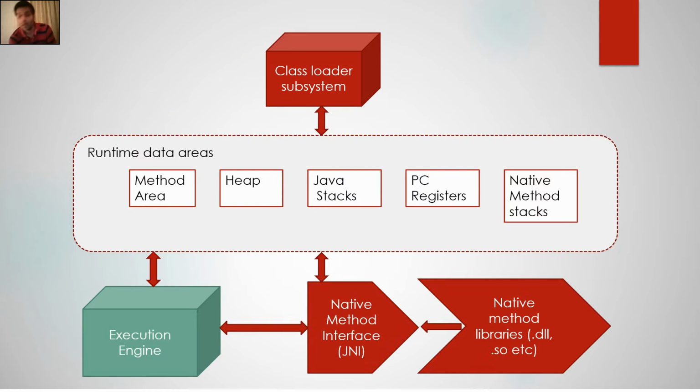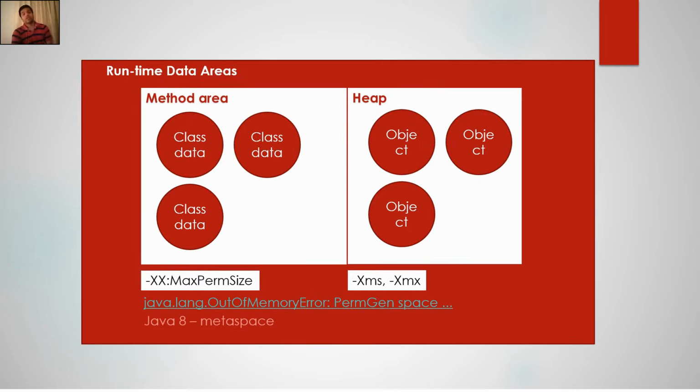So now we talked about the class loader subsystem and its phases. Now let's go to the runtime data areas, the memory of the Java virtual machine. The runtime data areas basically has 5 different areas that we defined in the previous diagram. But here, first I'm showing 2 different areas. First is the method area.